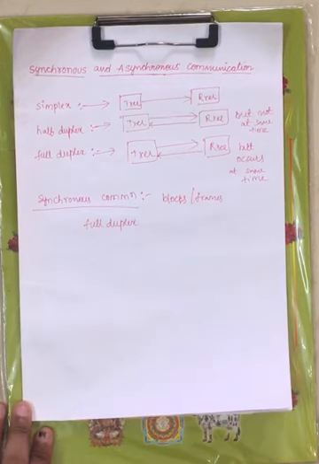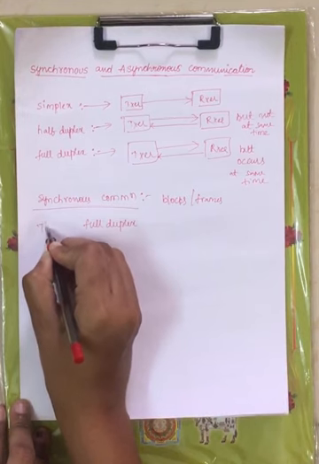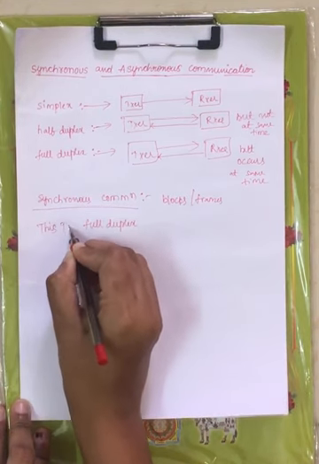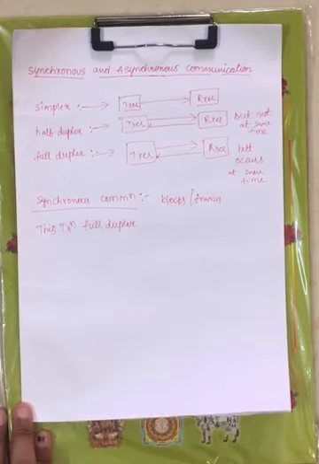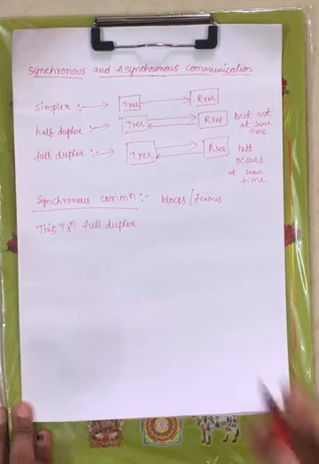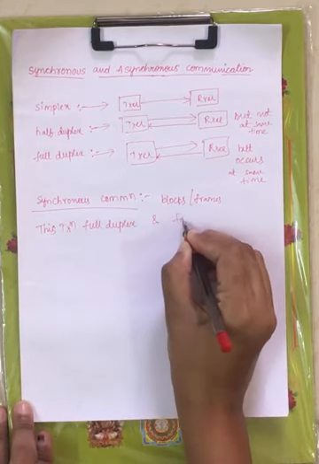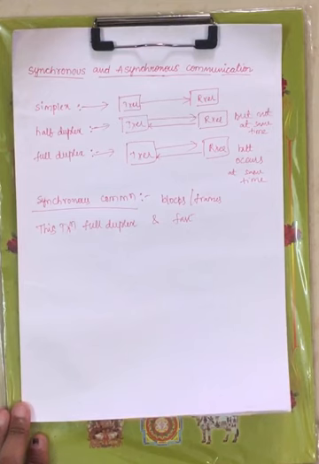Now this transmission is of full duplex type, and it is very fast. Under synchronous communication you are transmitting the data in the form of blocks or frames, and here you will follow full duplex transmission.